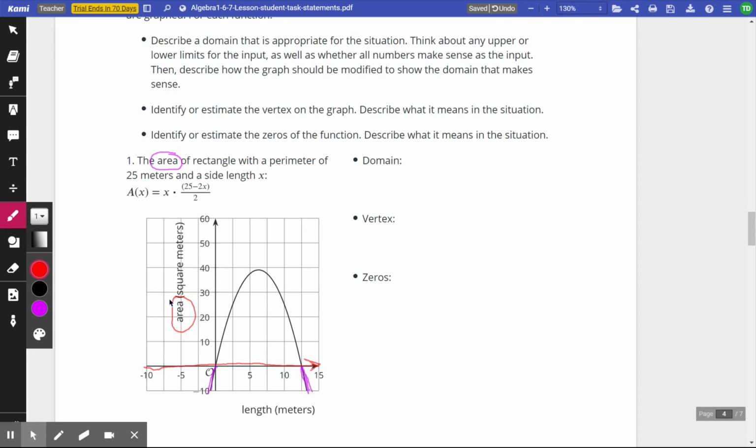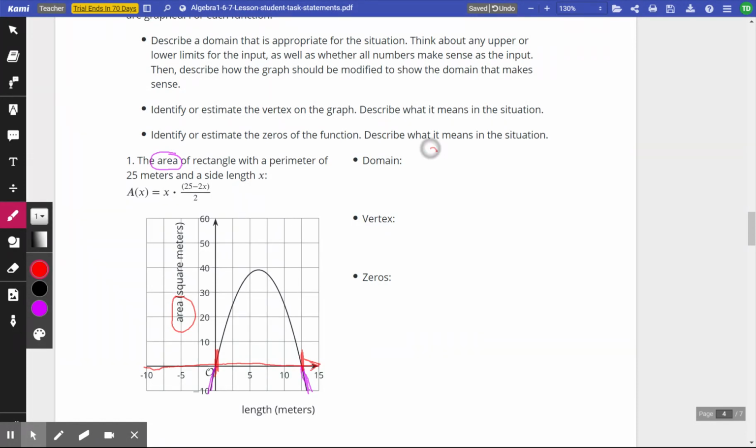So how do I prevent that from being included in our domain? Well, I want to stop it here at 0 and here at what looks to be 12.5. So what I would say is my domain needs to be between 0 and 12.5. And you might not know exactly how you want to write that out. You can write that out with words, but I'm going to write it out with inequalities, like from our previous unit.